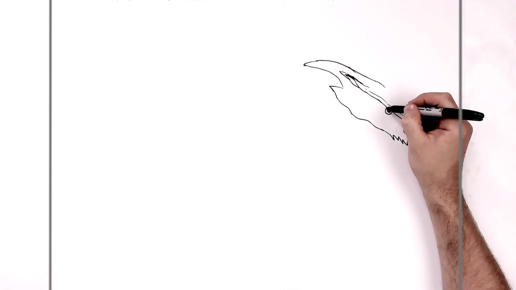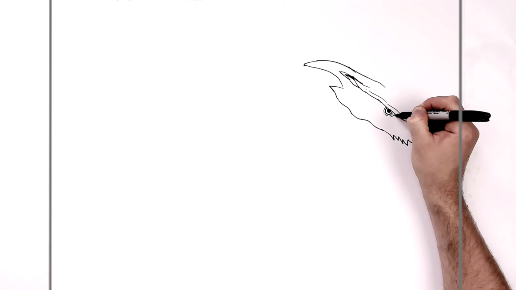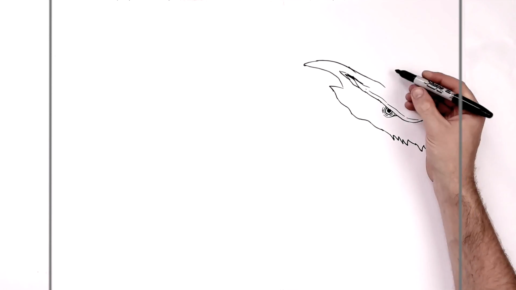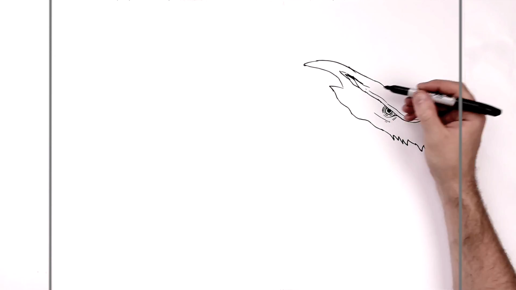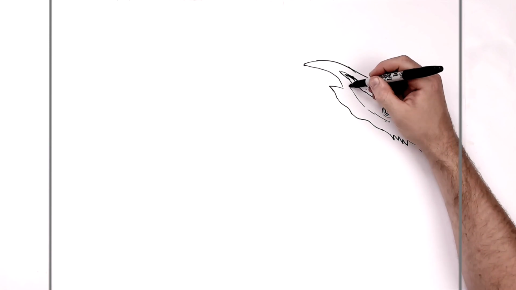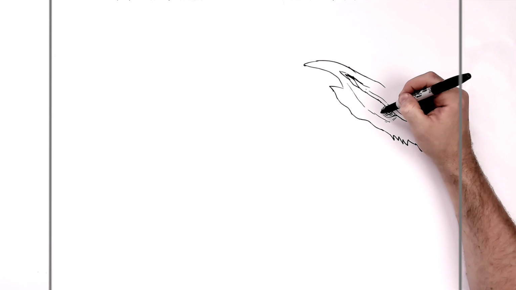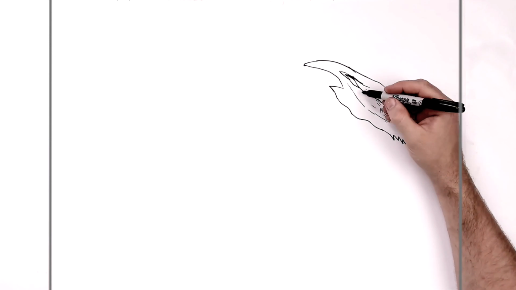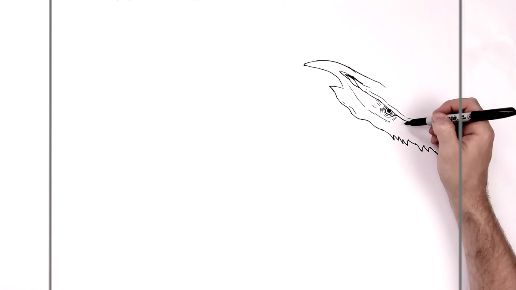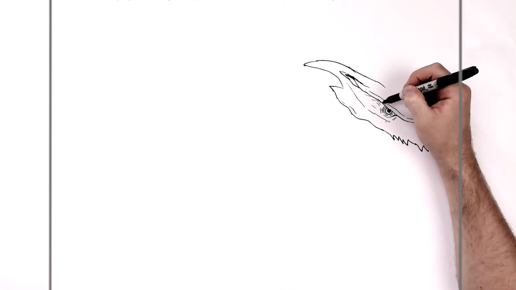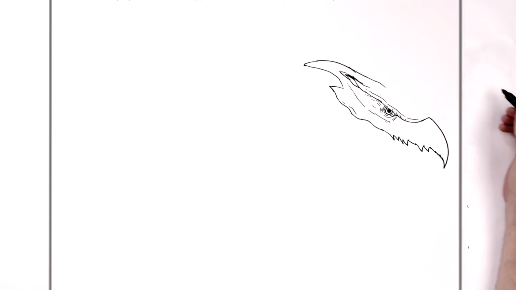And then we've got all sorts of details like skin and stuff around the eye. Lots of these little texture lines, and eventually it'll go back up towards this way. Lots of wrinkles and skin, because he is kind of like a reptile but a bird at the same time. So you can add as much of this texture as you want. You don't have to do as much as me.